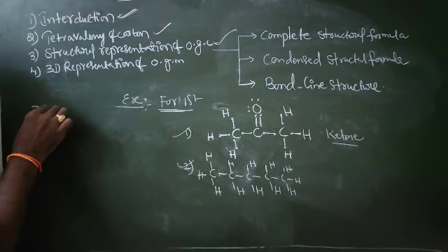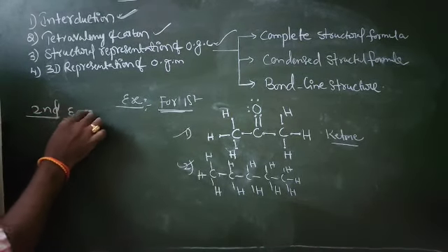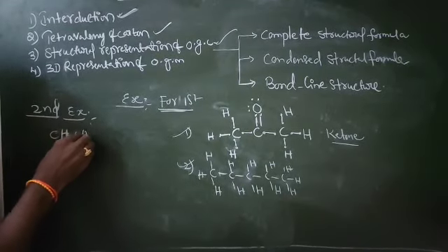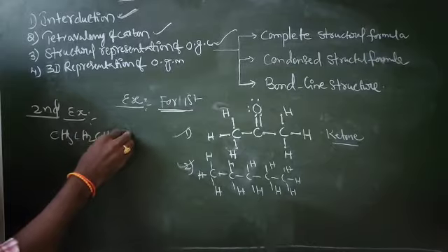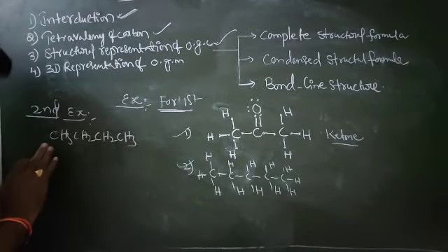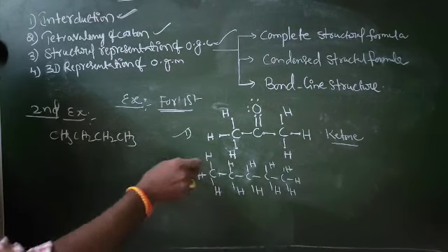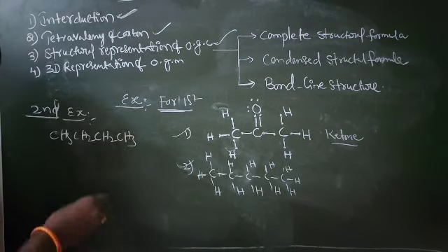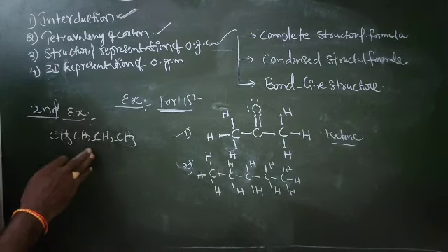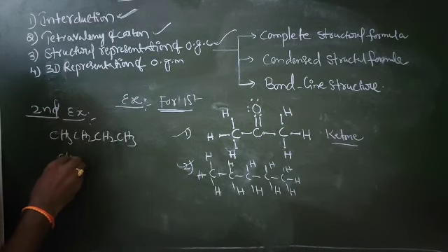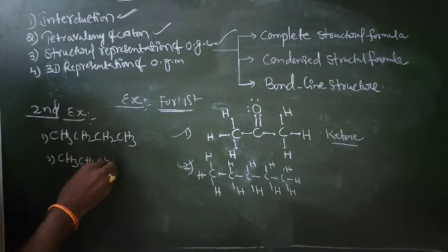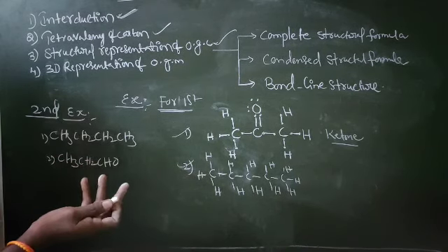Condensed structure means like CH3, CH2, CH2, CH3. Here there is no bond representation, no dash-like representation for bonds. Only this is condensed. One more example, CH3, CH2, CHO, with no bond representation.